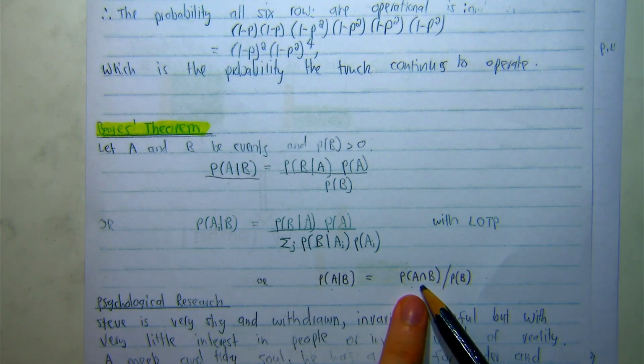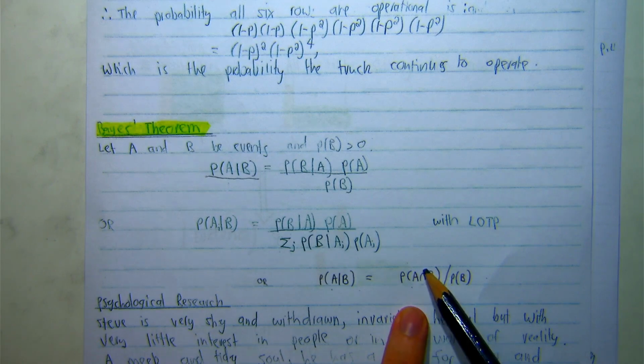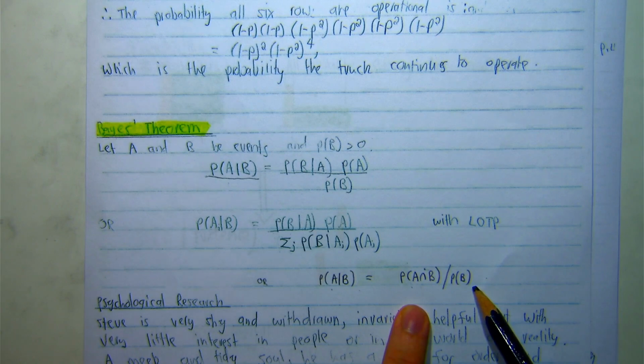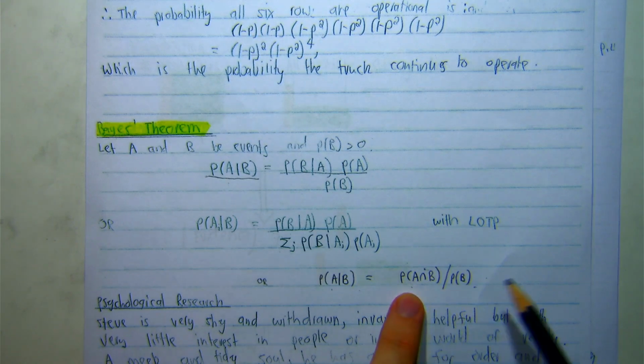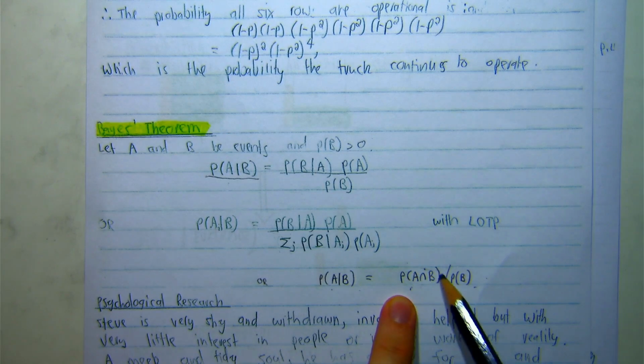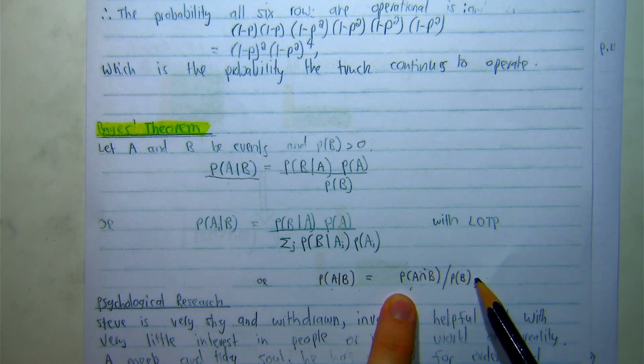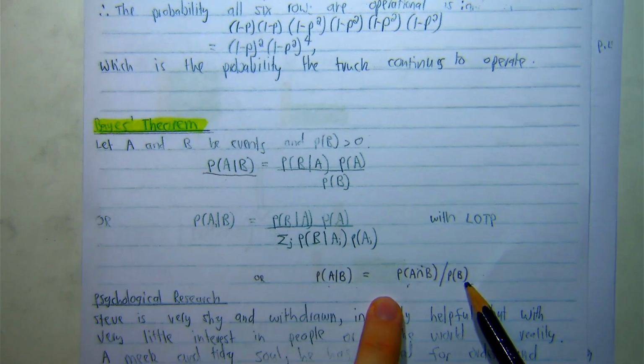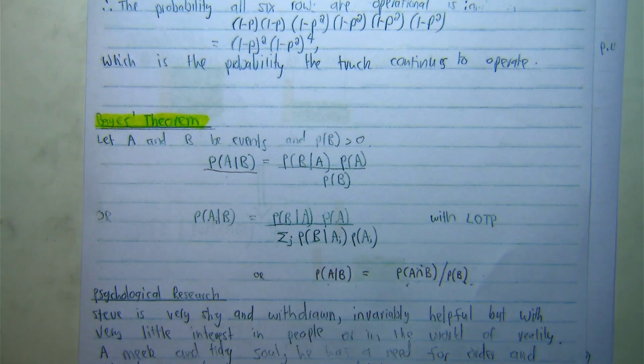This is the intersect sign, the intersection of A and B, and then contextualizing them both taking place in the bigger picture of B. So if I'm focusing on how likely it is for A to be true given B, I'm looking at all of the circumstances where A and B are both true together, and then just seeing how often B happens. Once I know B is happening, within that conditional mindset, how likely is it for A to be true as well?